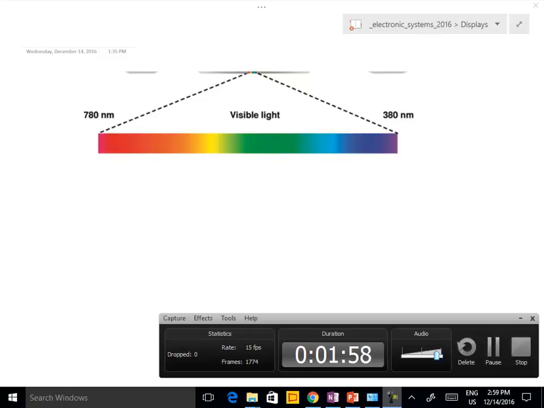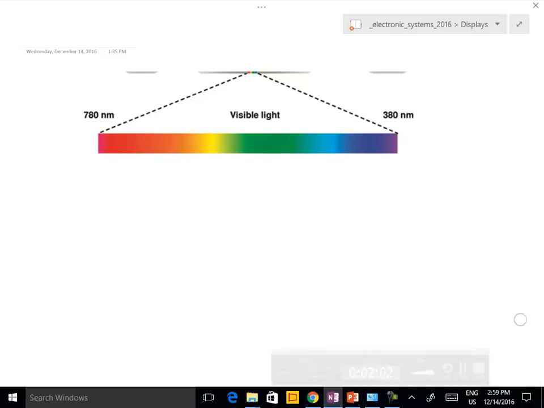The visible light goes from red to blue, and the wavelength varies from the longest wavelength of 780 nanometers for the red light, below which, at lower frequencies, we have infrared radiation, and the visible light goes up to a wavelength of 380 nanometers, which corresponds to the highest frequency of the light, and above it we have the ultraviolet range.